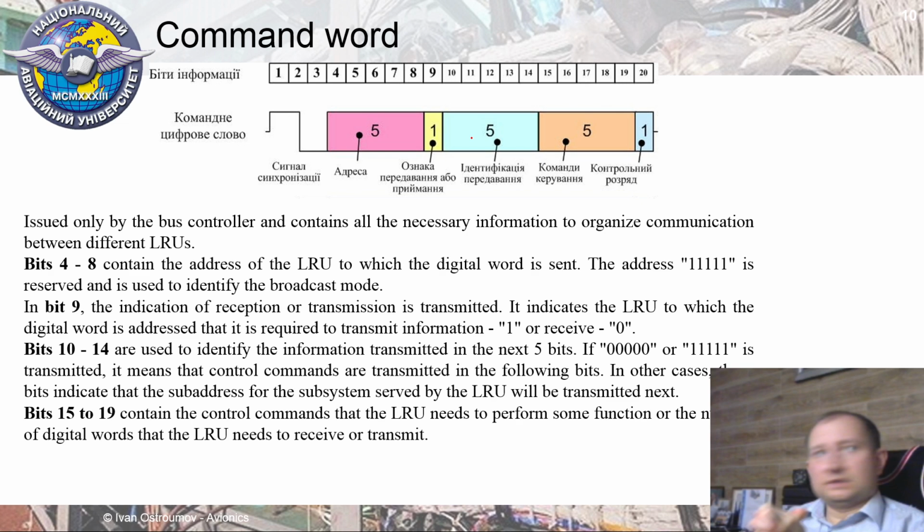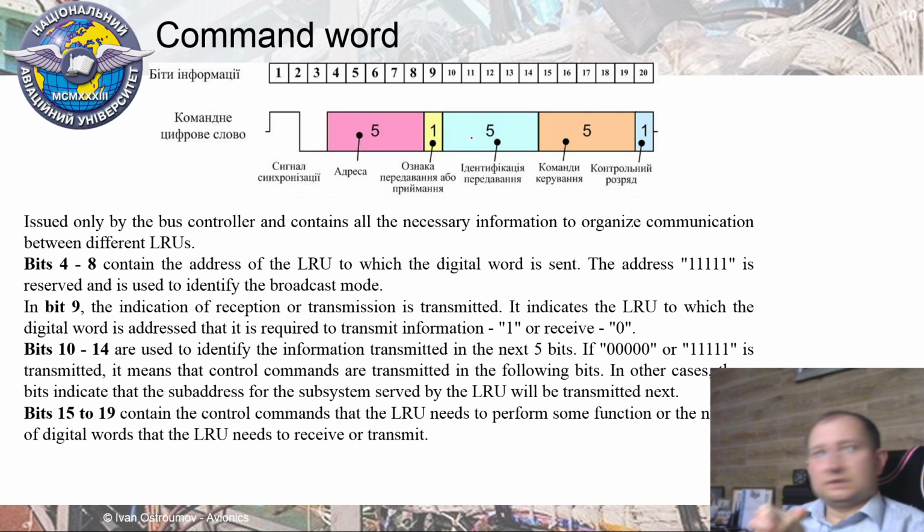The first 5 bits, from 4th to 8th, contain the address of the LRU to which the data word is sent. The address of all ones is reserved and is used to identify the broadcast mode.